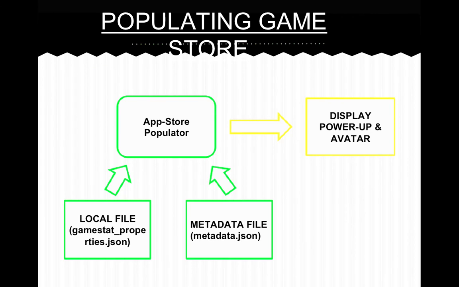Regarding populating the game store, we introduced an MVC pattern into our code design so that it could be extendable. We have two files which are the model. We standardized the JSON files, the local file called GameStarProperties.json, which is the mode of communication between the front end and back end. Apart from that, we have a backend file called metadata.json. These are the model part of our code.